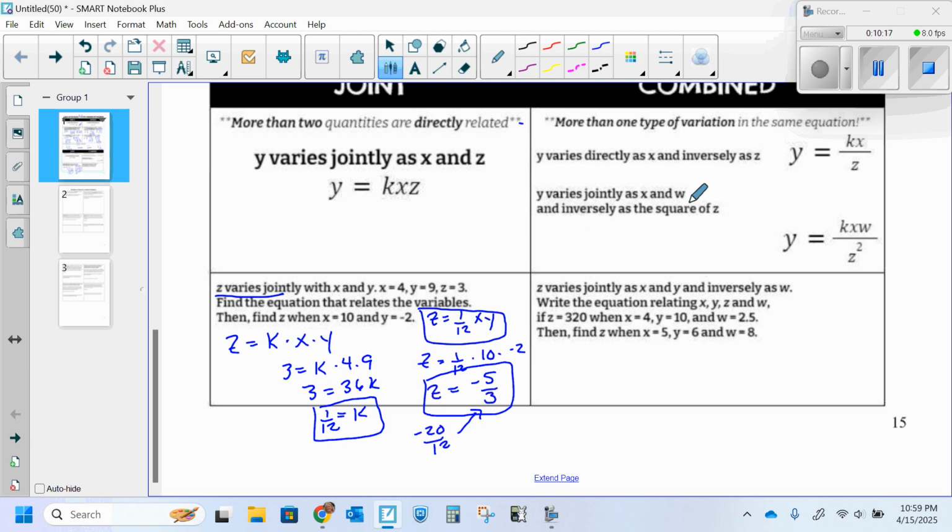So y varies jointly as x and w, but inversely as the square of z. So notice the square part too. Sometimes we'll have the cube of z, sometimes we'll have the square root of z. You just have to read it and write it as you read it, okay? So let's try this.